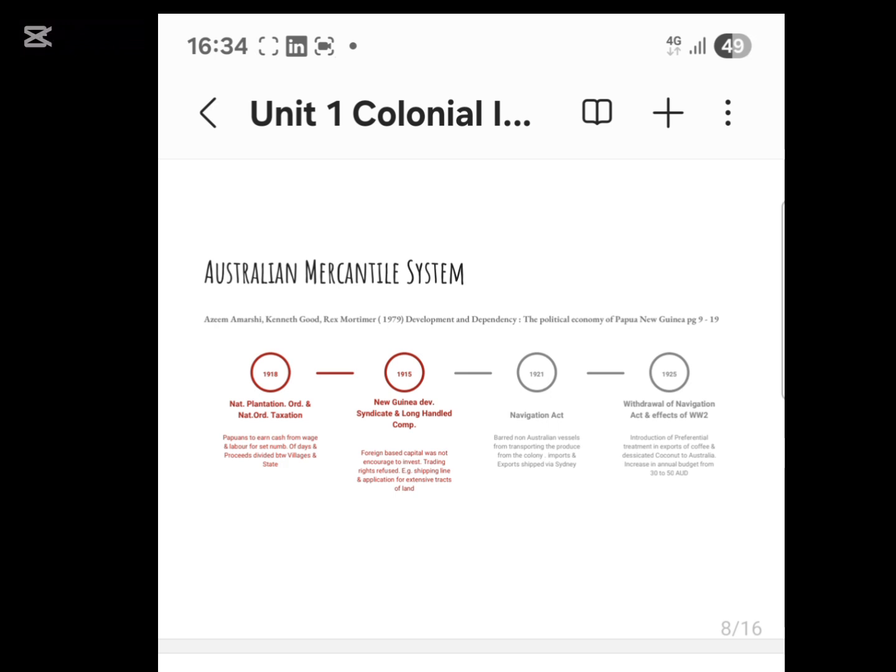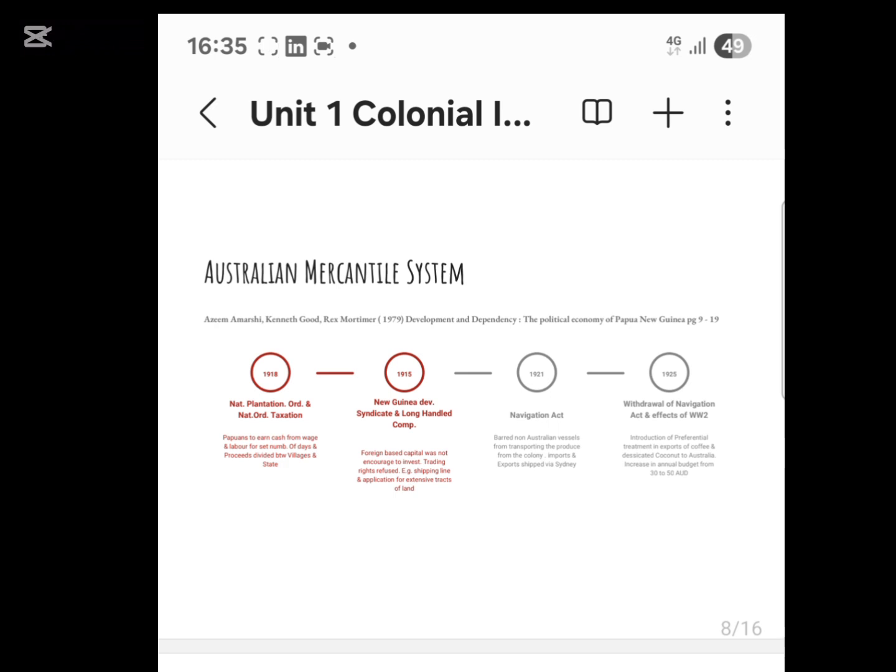Now, examples of this Australian mercantilist system came through various laws and regulations. The most notable one was the 1921 Navigation Act. Now, if you look at the reading, and I'll talk about the act a little bit later, you would notice that the Australian administration instituted various laws.